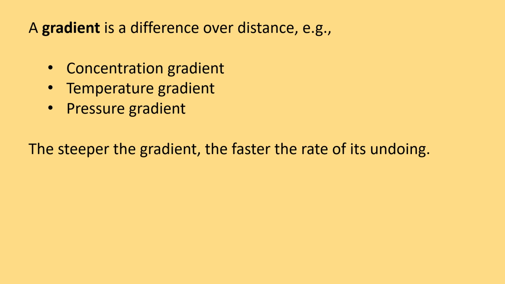So we have been talking about concentration gradients a lot recently. We talked about concentration gradients as being important for diffusion, both simple diffusion and facilitated diffusion. Concentration gradients drive osmosis. And we talked about how cells can use active transport to create and maintain a concentration gradient.